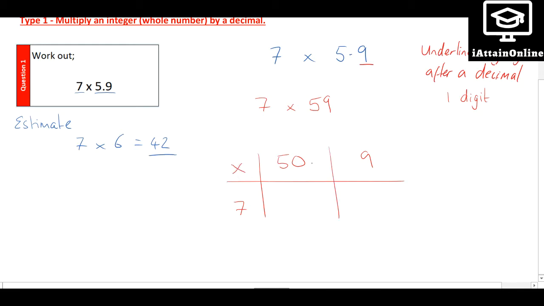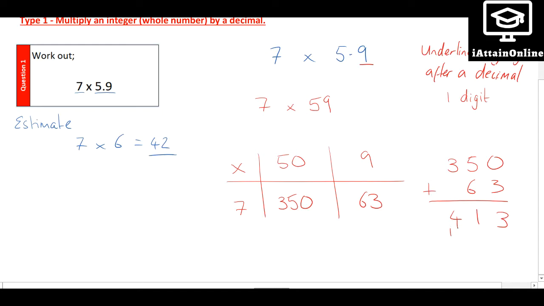And then I'm just going to multiply these numbers together. So 7 times 5 is 35, so 7 times 50 would be 350. It would be 10 times bigger. And then I'm going to do 7 times 9, which is 63. And if I just add these numbers together, 350 plus 63, that's going to give me 413.